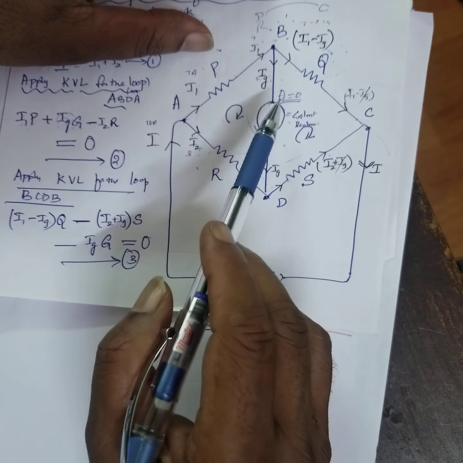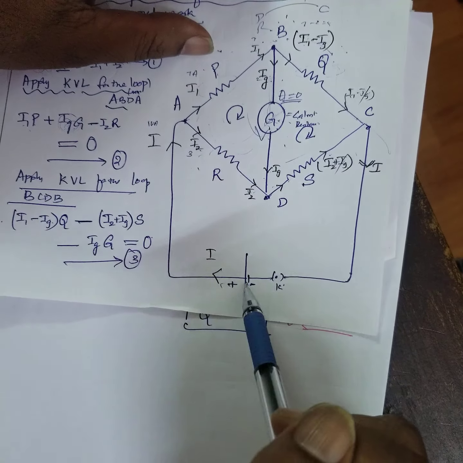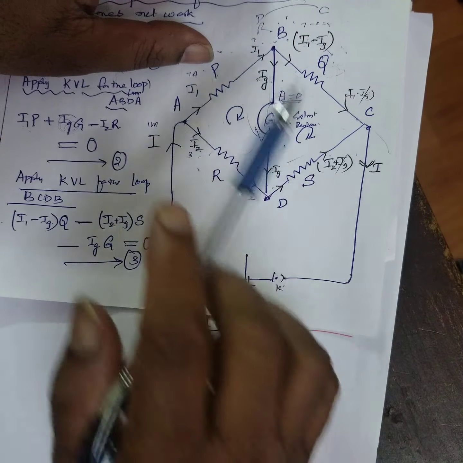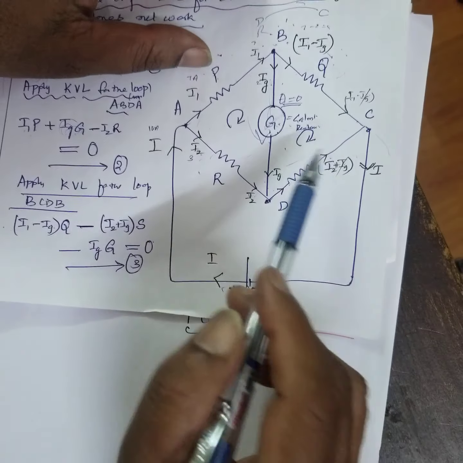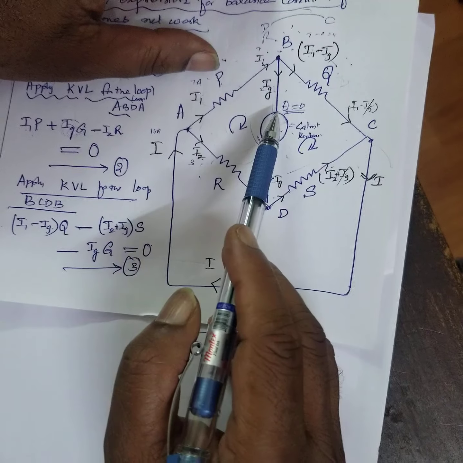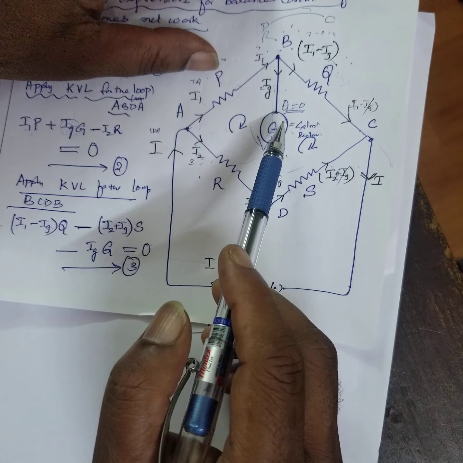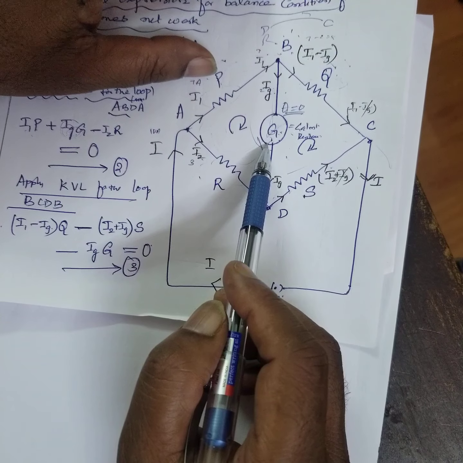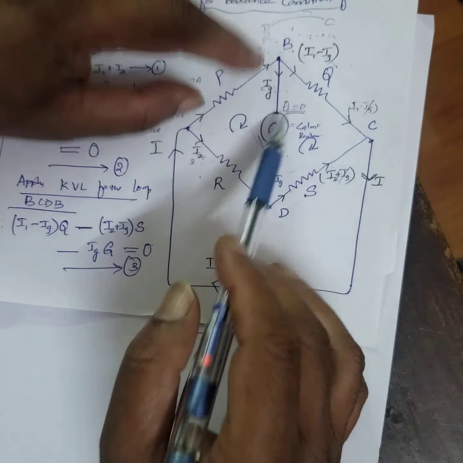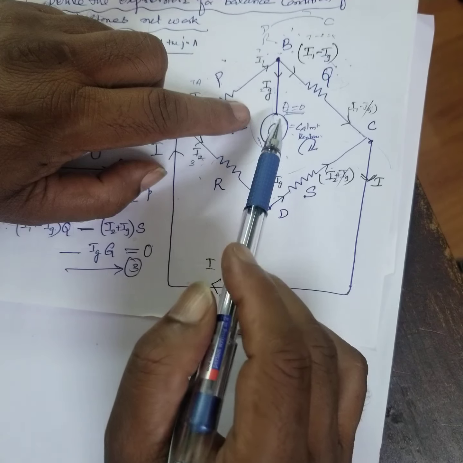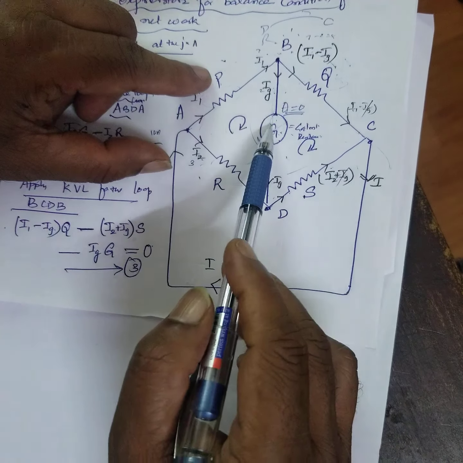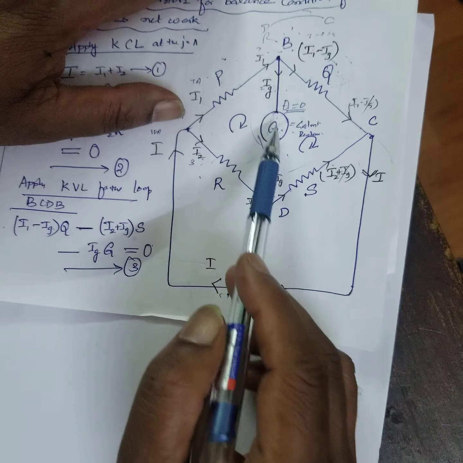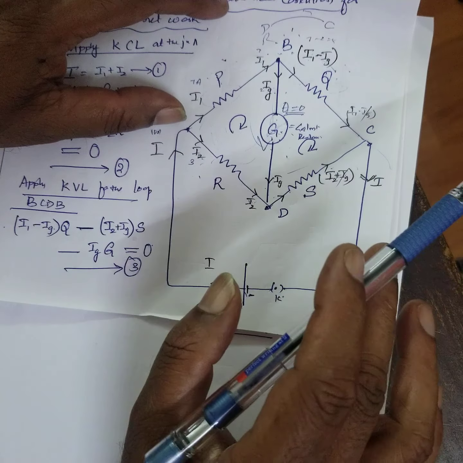If here I keep a battery and the galvanometer I will keep here, what will happen? Nothing. Balancing condition remains the same. In a balanced network, if the galvanometer and the cell are interchanged, the network is still balanced because the balancing condition is independent of the resistance of the galvanometer.